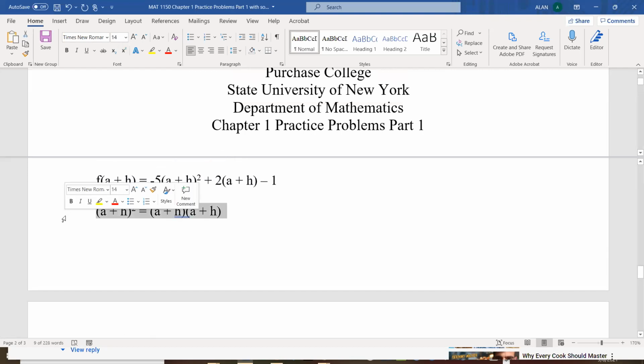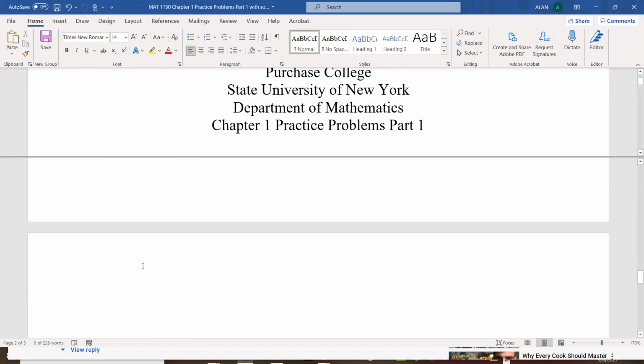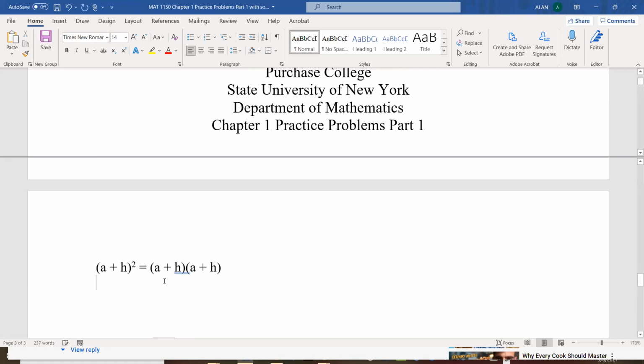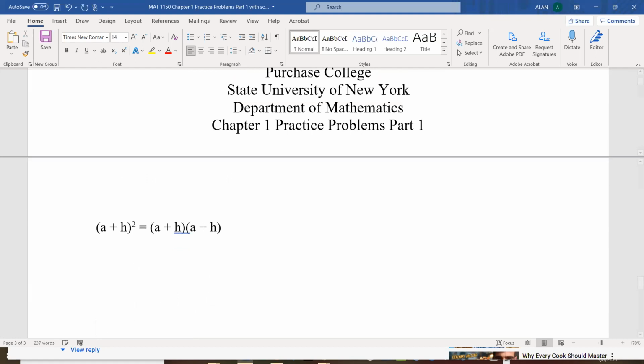Okay, let me copy this to the next page. Again, so I don't want to be constantly scrolling back and forth. So let's apply FOIL to this. So F is the product of the two A's. In fact, let me just write this in here for a second.